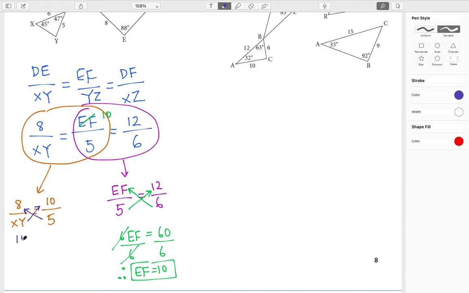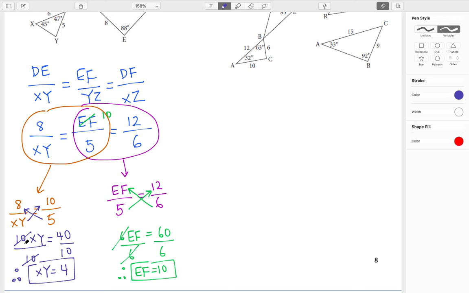So it's going to be 10 times XY equals 8 times 5, which is 40. And I'm going to divide by whatever is in front of XY, so 10, cancel, cancel. So the length XY is equal to 4 units. And that's how you use similar triangles to find the unknown length. Okay.